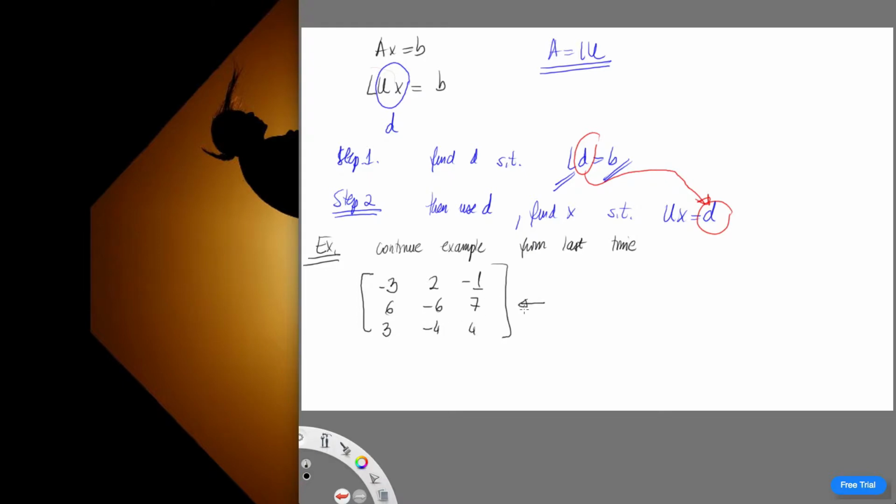I was very careful to replace row 2 with 2 minus A21 over A11 times the first row. And this I recorded as L21, which is equal to minus 2.